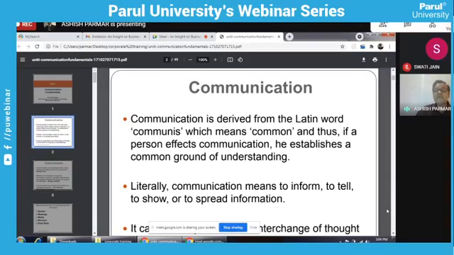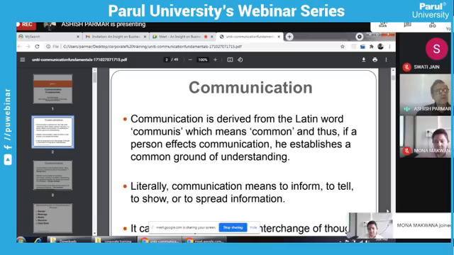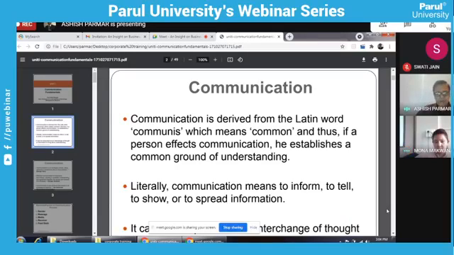Literally, communication means to inform, to tell, to show, or to spread information. So basically, communication means to inform. We inform people by language. We tell people or we show something, and spread information.